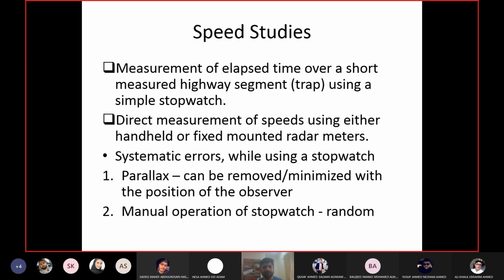Similar to that, we have speed guns as well. You can put it in your hand, point it towards the car when it is passing you, and press the button, and it will give you the speed. Or you have fixed radars as well. They are like theodolites or automatic levels. You place them on a tripod beside the road, and when the car passes, you press the button, and it will record the speed for you.